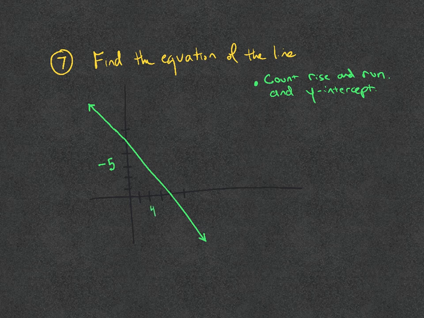So our slope is rise over run. Rise was -5 and the run was 4. So we got to find the rise and run, the slope, and then the y-intercept. Y-intercept is just wherever it crosses the y-axis. So in this case, it crosses at 5.